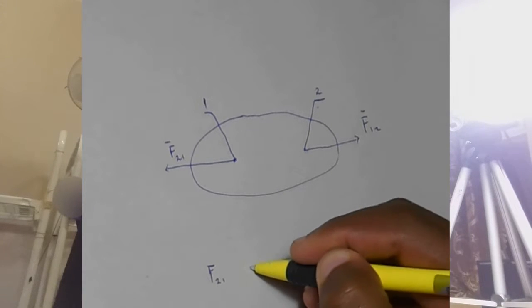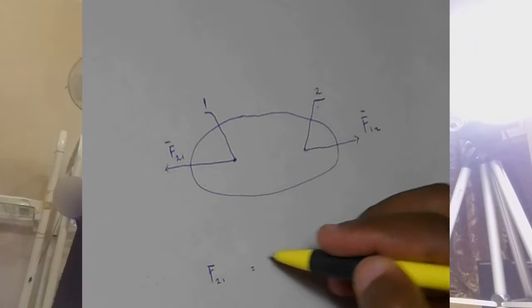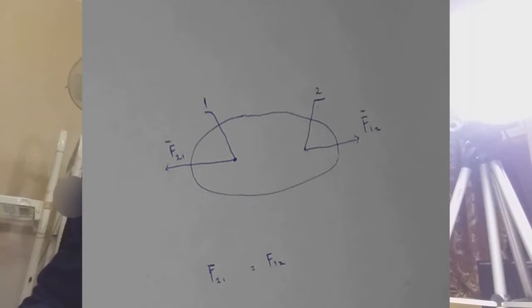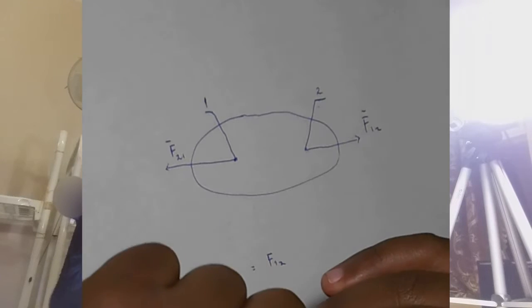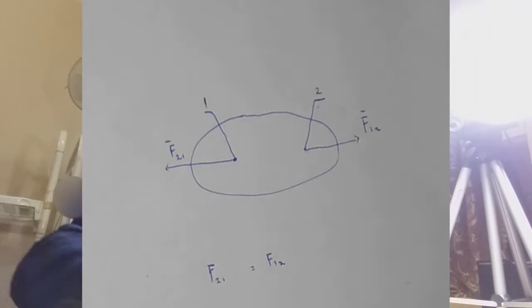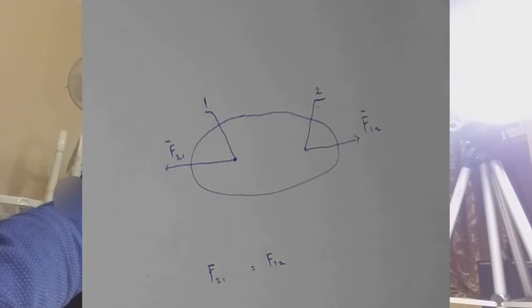F21 is equal to F12. And if you look at the direction of the forces, it's different, but they are equal in magnitude. This is all we need to know about the third law of motion.